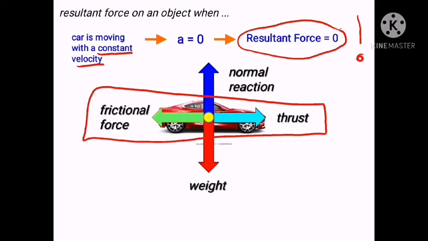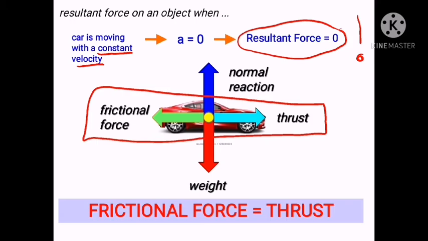But of course, it is in opposite direction. If my thrust is 200 Newton, then my frictional force would be exactly 200 Newton, given that the car is moving with a constant velocity, all right?